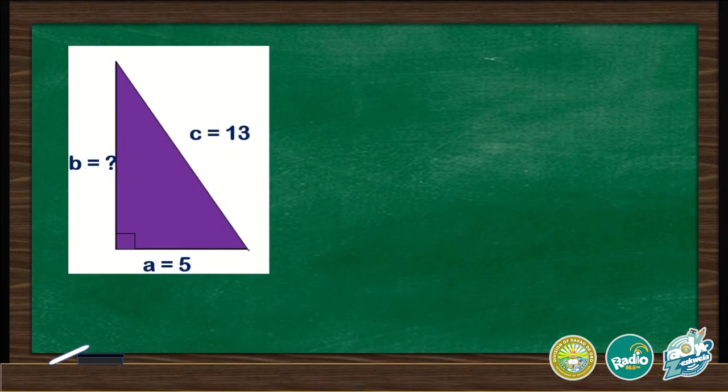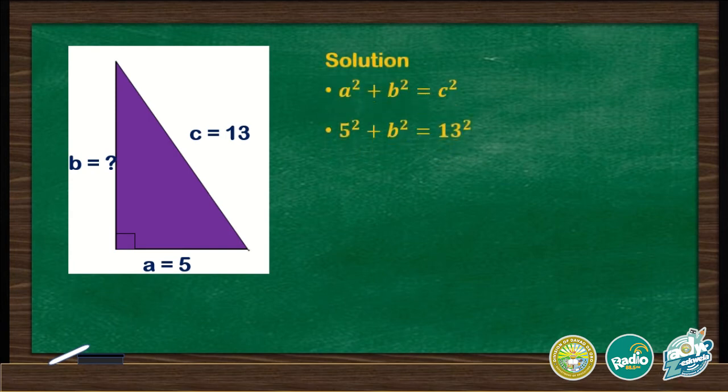To start, substitute 5 to A and 13 to C. It will become 5 squared plus B squared equals 13 squared. Next is simplify 5 squared and 13 squared.